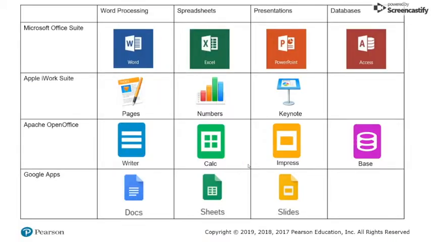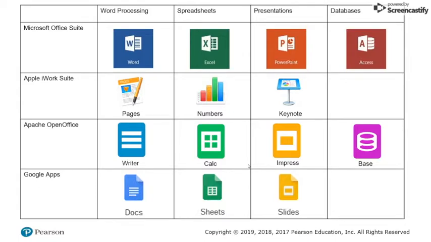When we take a look at the functionality of the programs within these various office suites, we can see that, again, there are equivalents among the suites, programs that do basically the same thing. For example, Microsoft Word, Apple Pages, OpenOffice Writer, and Google Docs are all word processing programs from the various manufacturers.